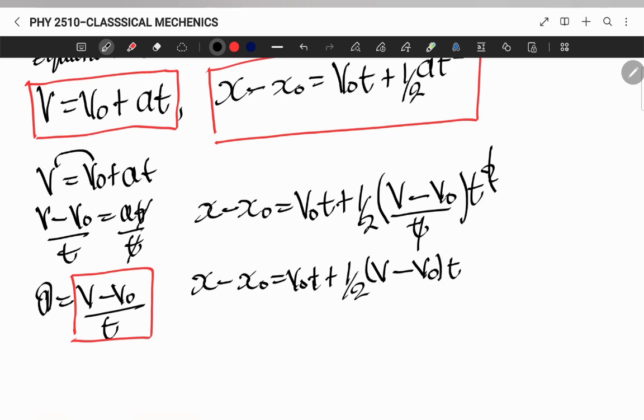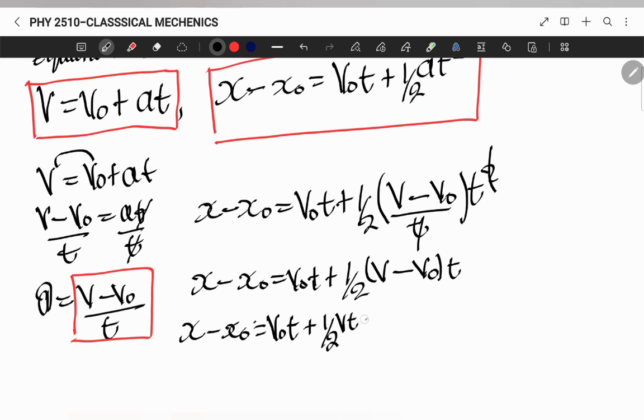Here this half is multiplying everything inside the brackets, including time. So we're going to write it this way: x minus x naught is equal to v naught t plus half times v, and t times v will be vt.